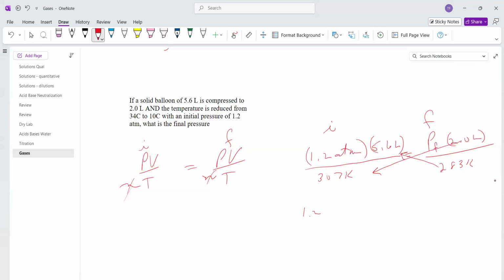We have 1.2 atmospheres, 5.6 liters, 307 K, and 2.0 liters. So again, when you cross multiply, if it's on the bottom, it goes to the top.